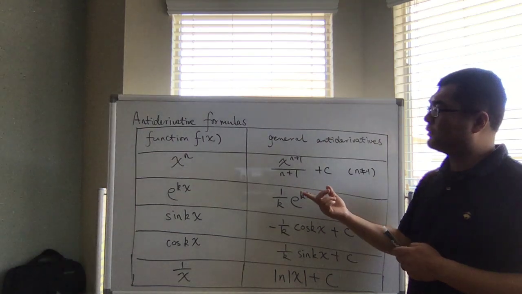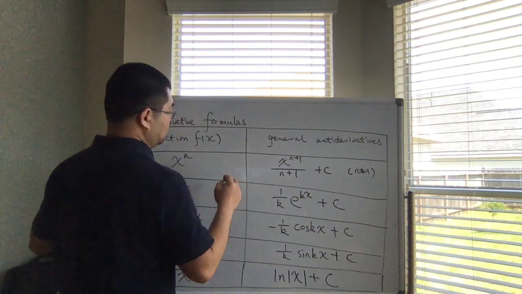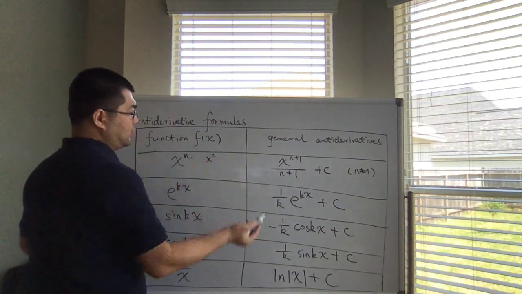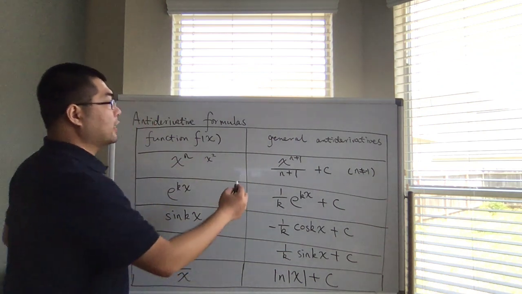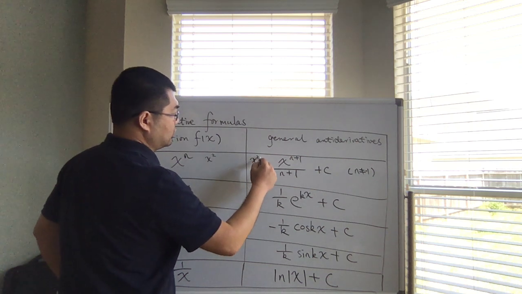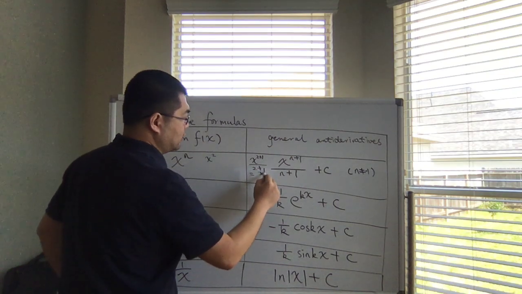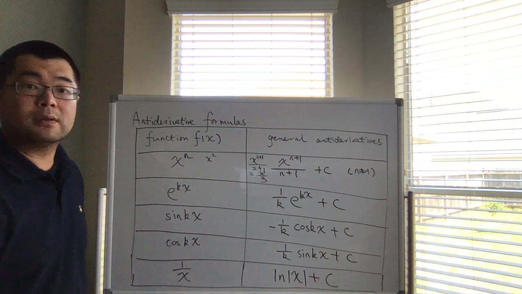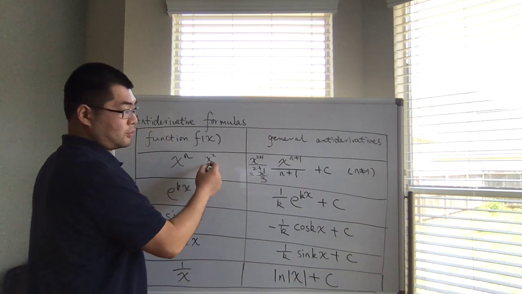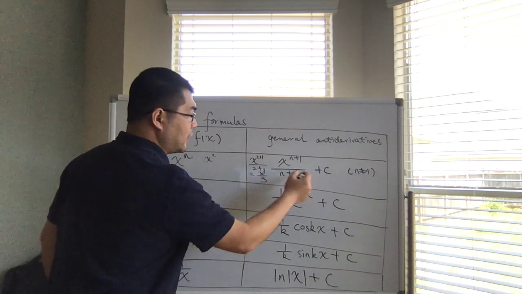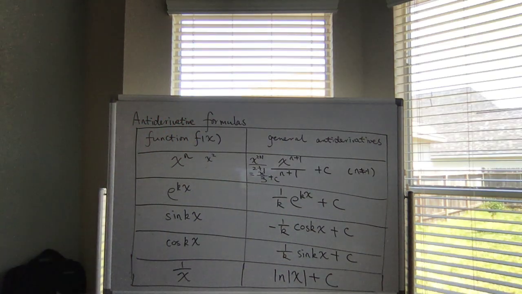For example, if you have x squared, then n equals 2, so it's going to be x to the power of 2 plus 1 over 2 plus 1, and you will see that it's x cubed over 3. If you take the derivative of x cubed over 3, do you see that it goes back to x squared, right? And of course, don't forget to add this arbitrary constant.